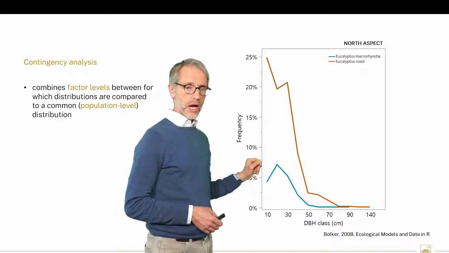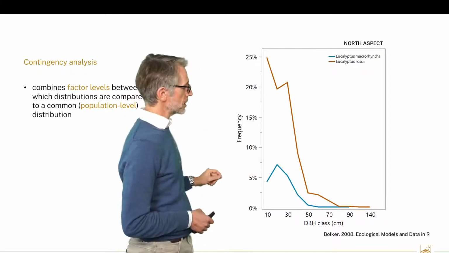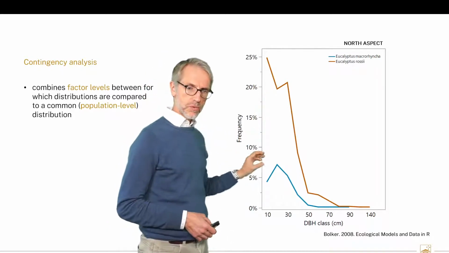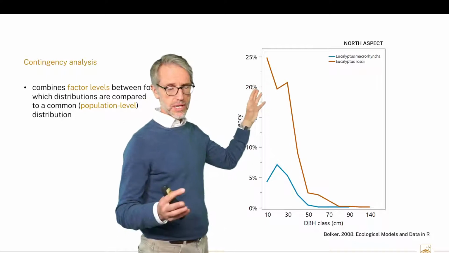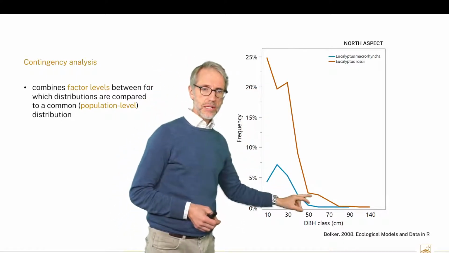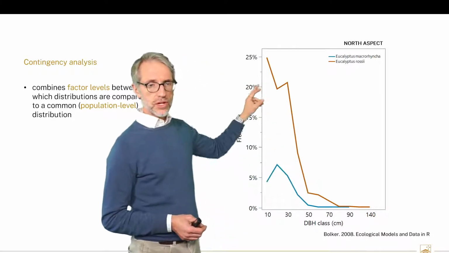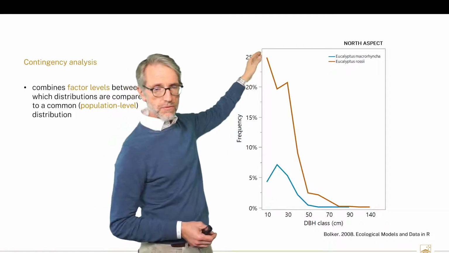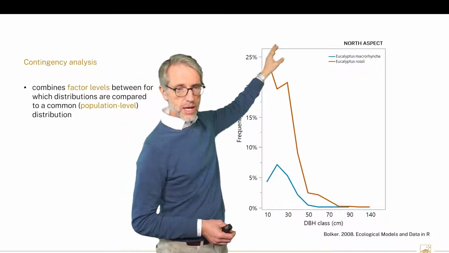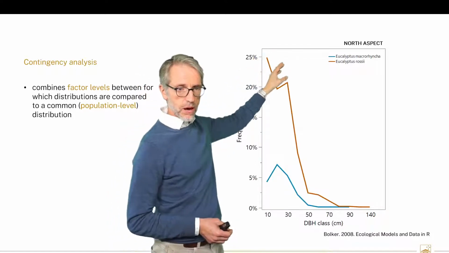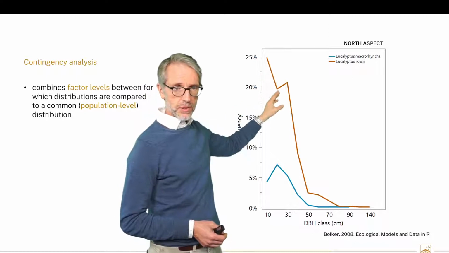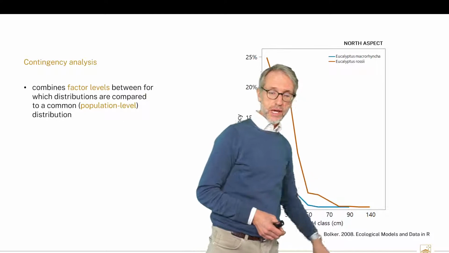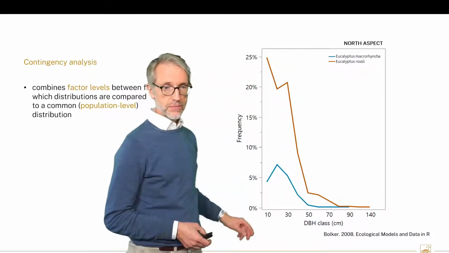Now, remember what I highlighted at the start of the first lecture today, this huge difference, not necessarily in the raw frequencies themselves, yes, there's that difference, but this big difference in the shape of the distributions. See how Eucalyptus rossii, for example, on north aspects, has a large number of very small diameter trees that progressively decline, or quite sharply decline, and then stay very low into the larger diameters.